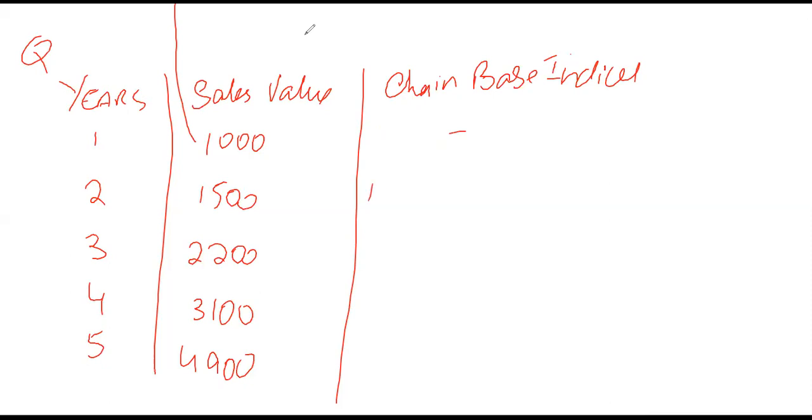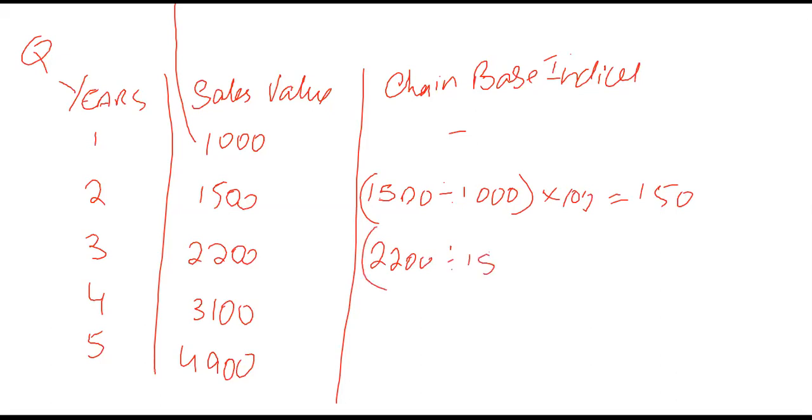So this year's value is 1500 divided by previous year's value 1000, then multiplied by 100. If I do this calculation, I'll be getting an answer of 150. Then 2200 divided by the previous year's value, that is 1500, multiplied by 100.